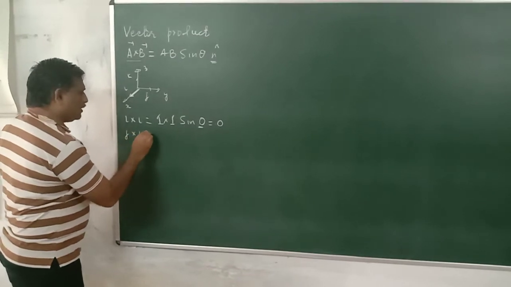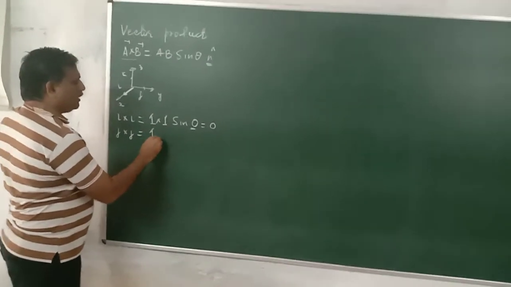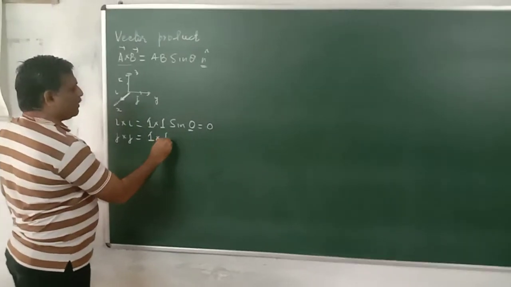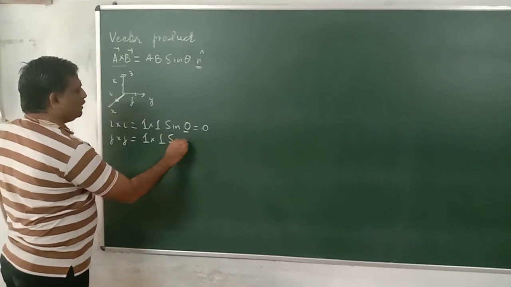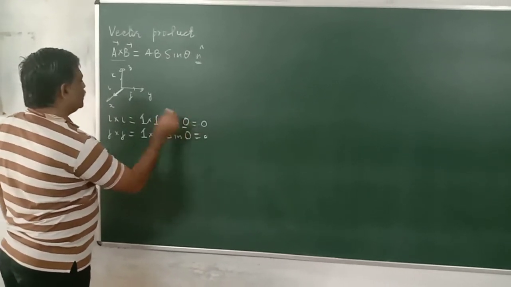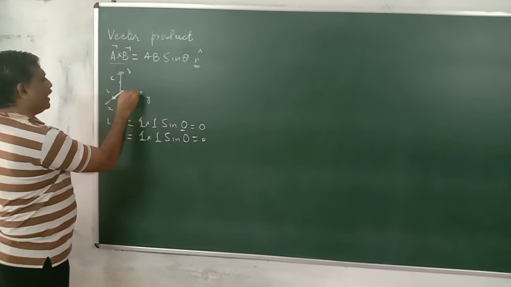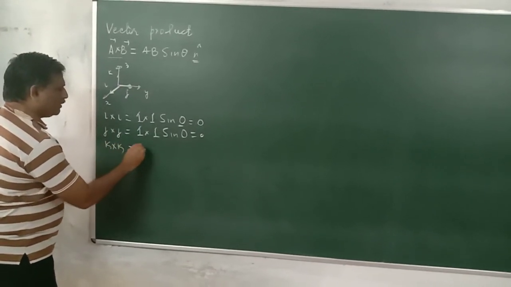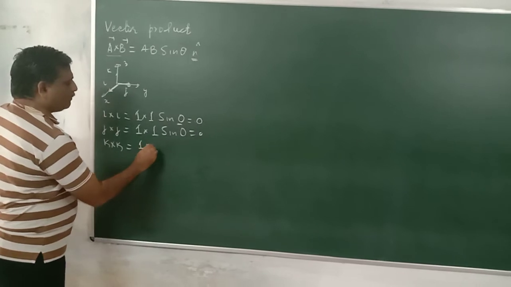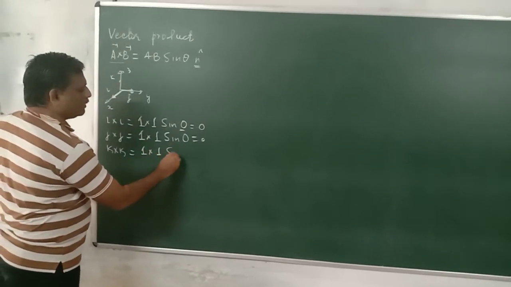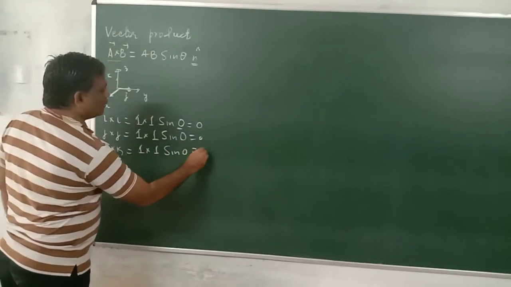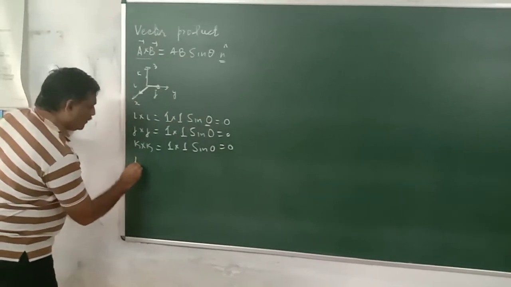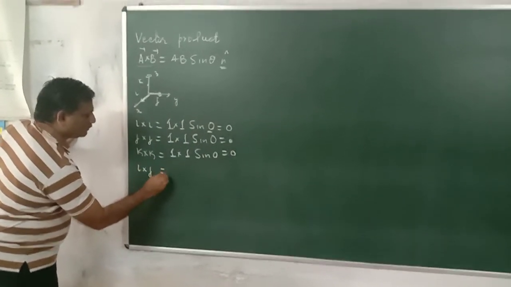Similarly, j cross j is equal to the magnitude of j, again the magnitude of j, sine 0, which is 0. k cross k is equal to the magnitude of k, again the magnitude of k, sine 0, which is equal to 0. Then we go for i cross j.